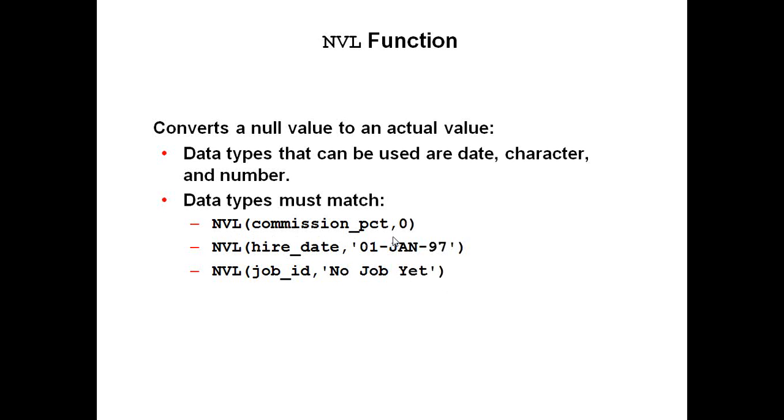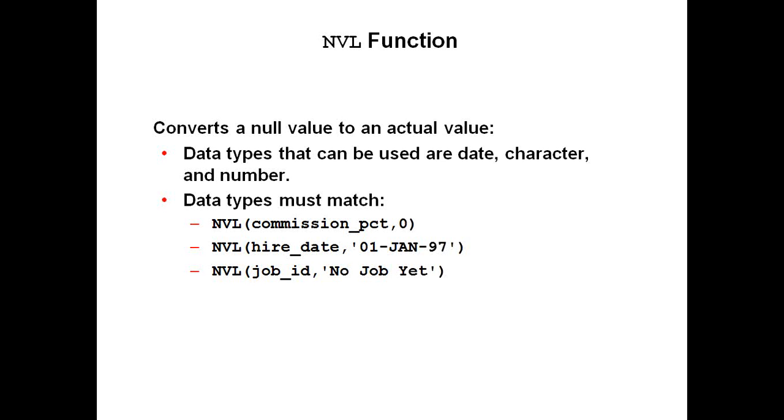What happens here is, if Oracle finds while retrieving or selecting the data that any commission percentage is a null value, then instead of showing that as a null value or blank space, it will be converted into 0. So for display purposes, instead of showing a null value, it is going to display 0.